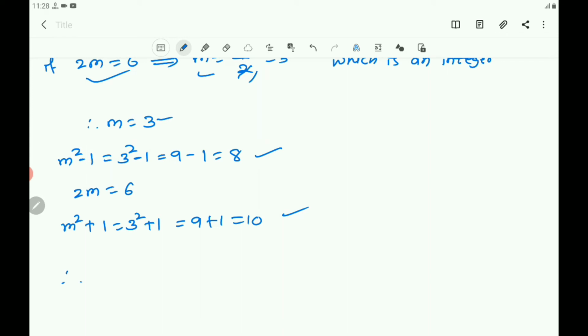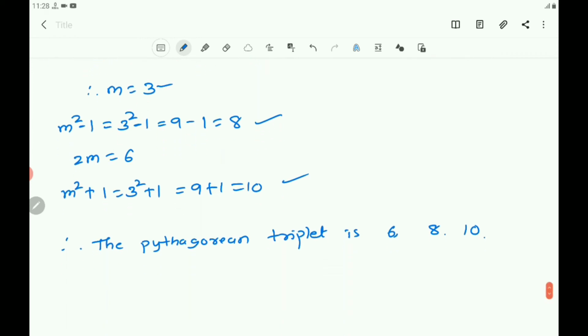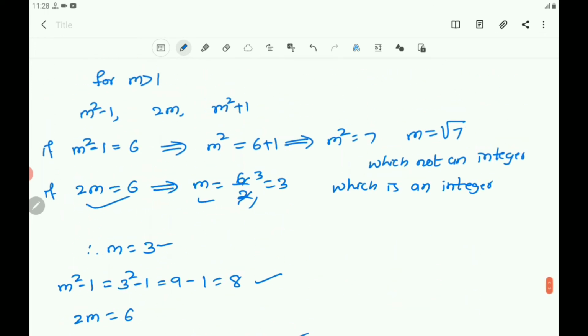Therefore the Pythagorean triplet is 6, 8, 10, where 6 is the given number.